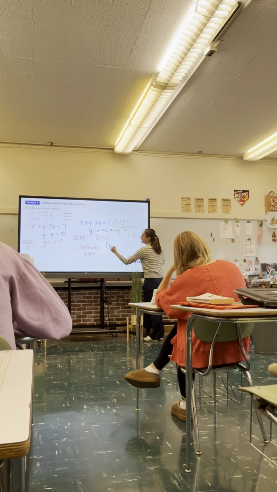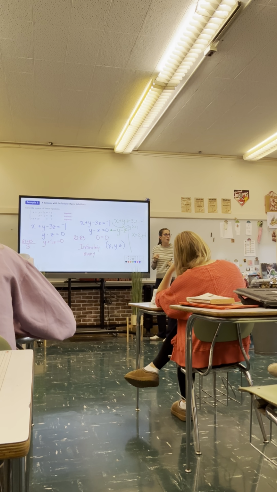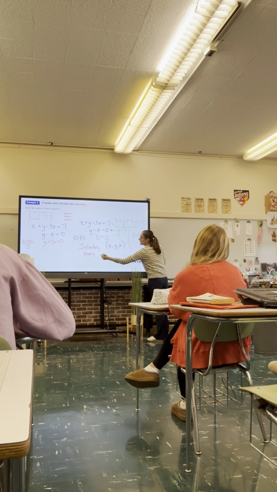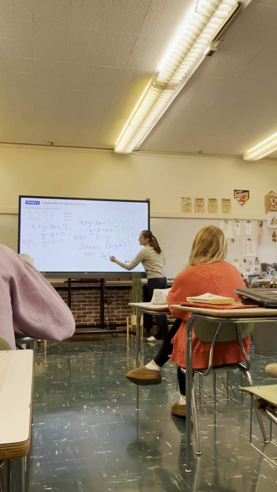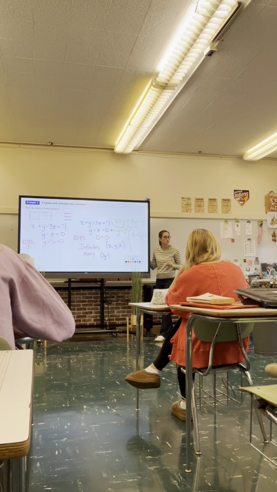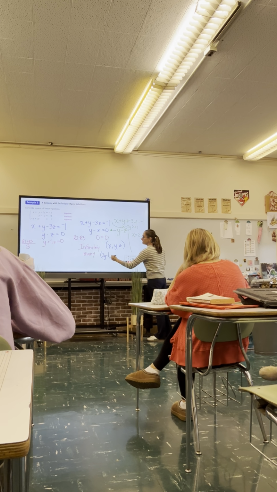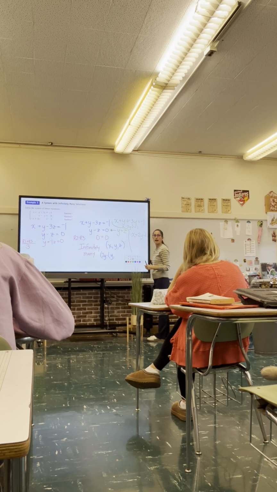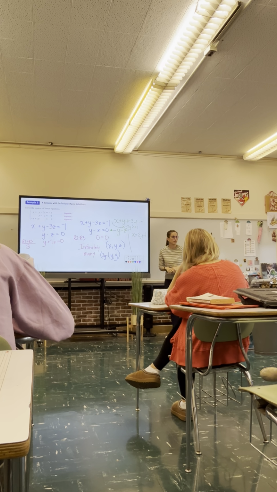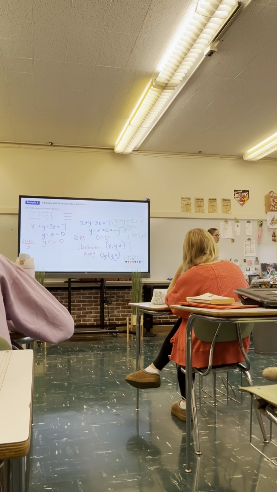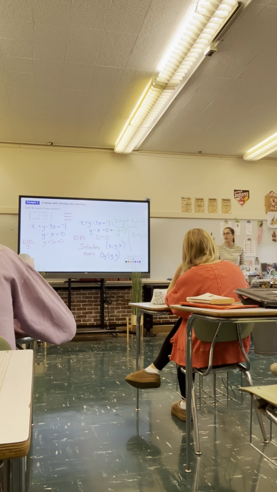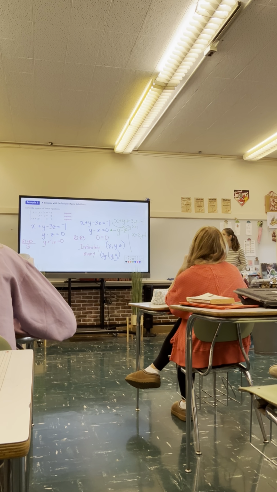So instead of my x, y, z triple, I know that x is the same thing as 2y minus 1. I know that y is just y. And then I also know that z is y. Everything is in terms of y. So if I pick a number, what if y is 5?